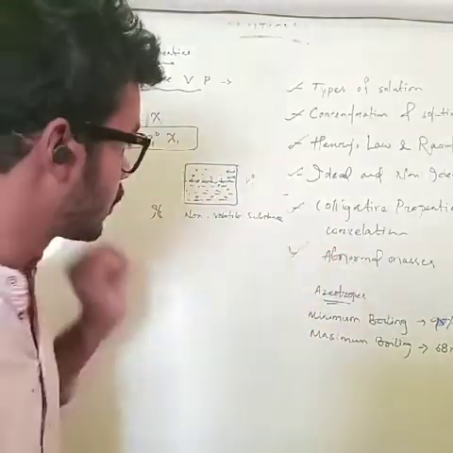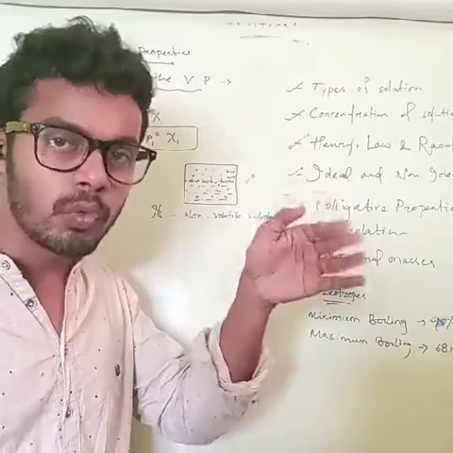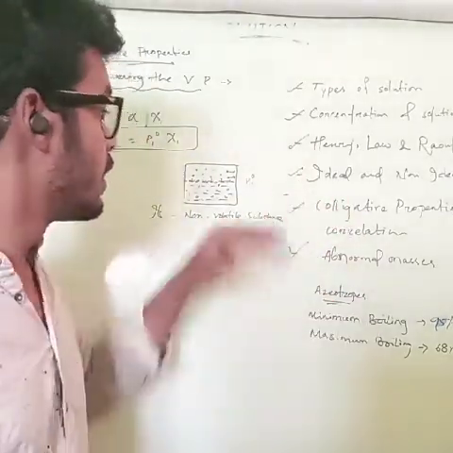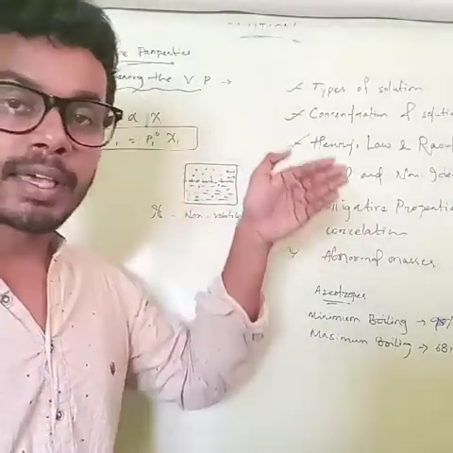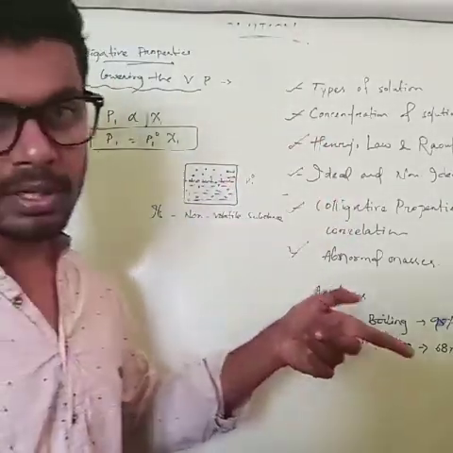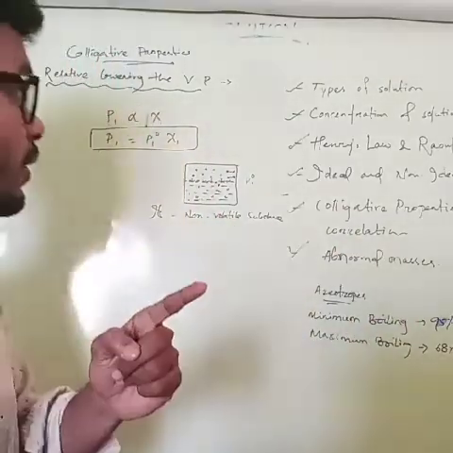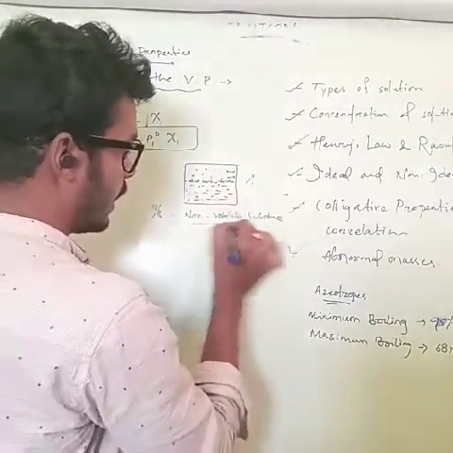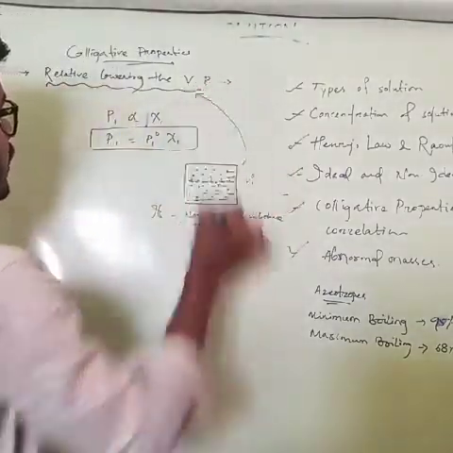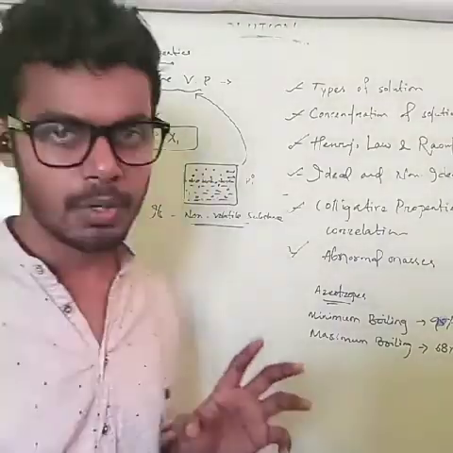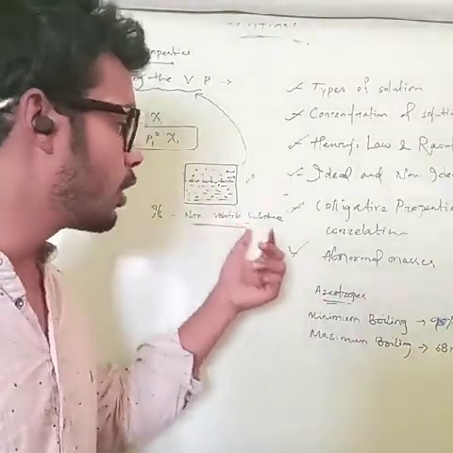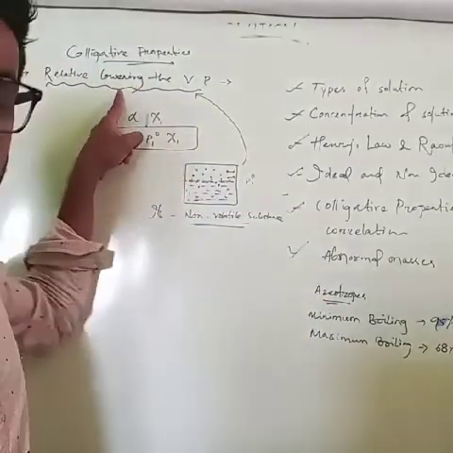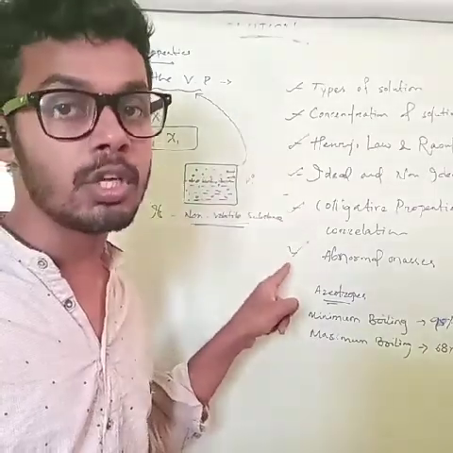So the formation of vapor will decrease at that particular temperature, and simultaneously the pressure will decrease at that same temperature. This is the relative lowering of the vapor pressure. When you add a non-volatile substance to a solution, it lowers the vapor pressure of the solution.